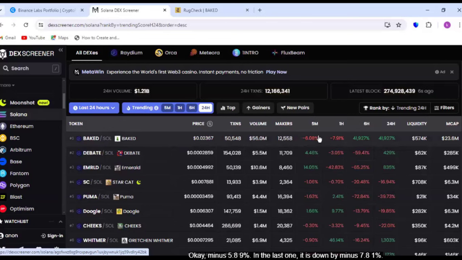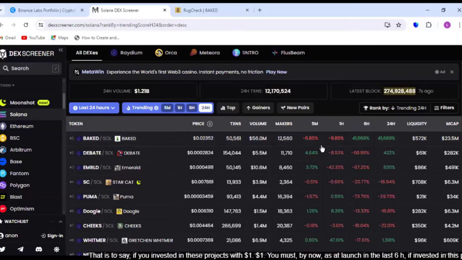And in the last 5 minutes, it is down by minus 6%, okay, minus 5.89%. And in the last 1 hour, it is down by minus 7.81%. However, Bake on Sol has done 41,669% in the last 6 hours.